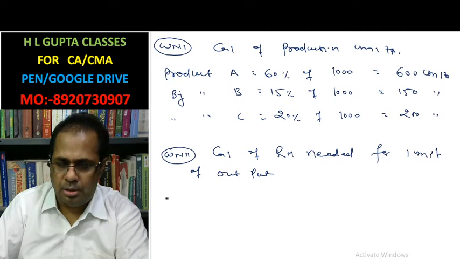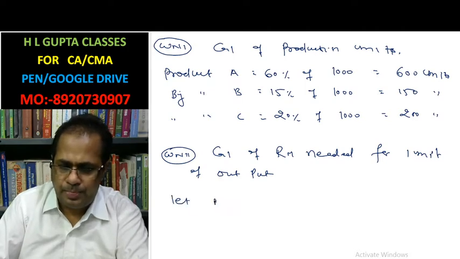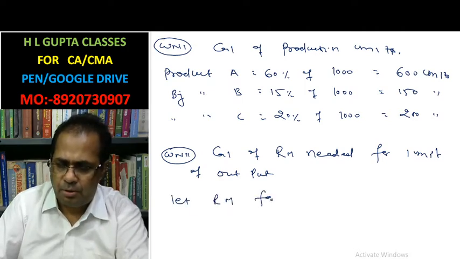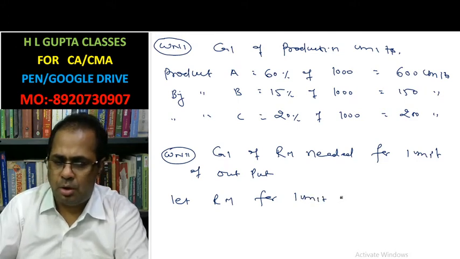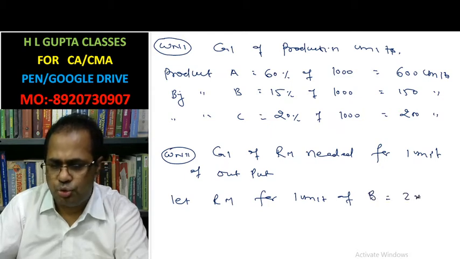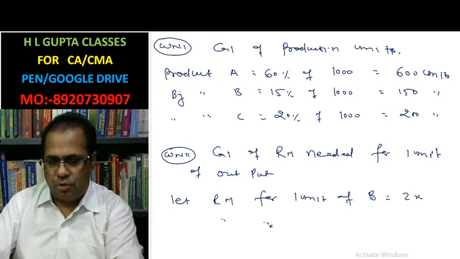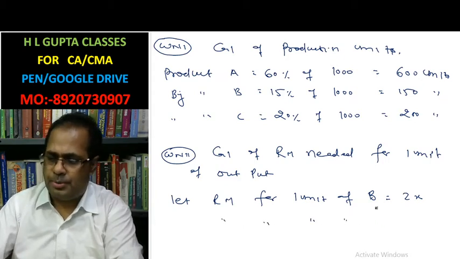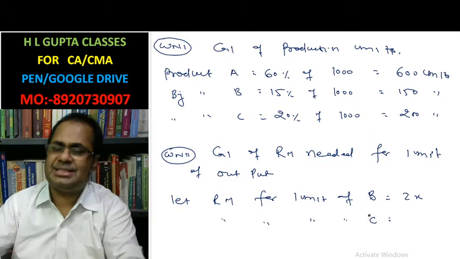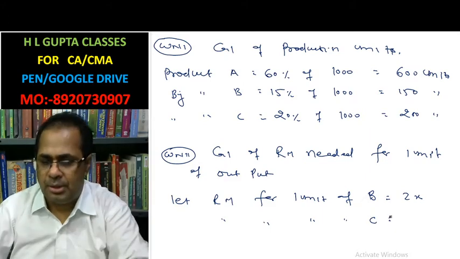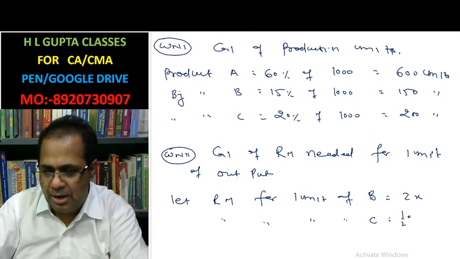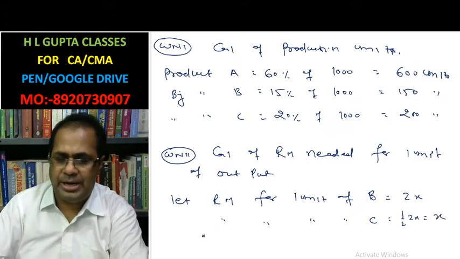Let the raw material for 1 unit of B be 2x. Raw material for 1 unit of C is half of B, that is half of 2x, that equals x.